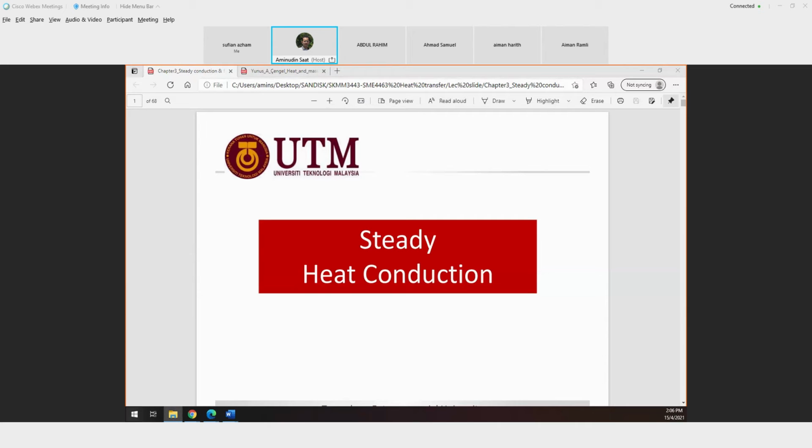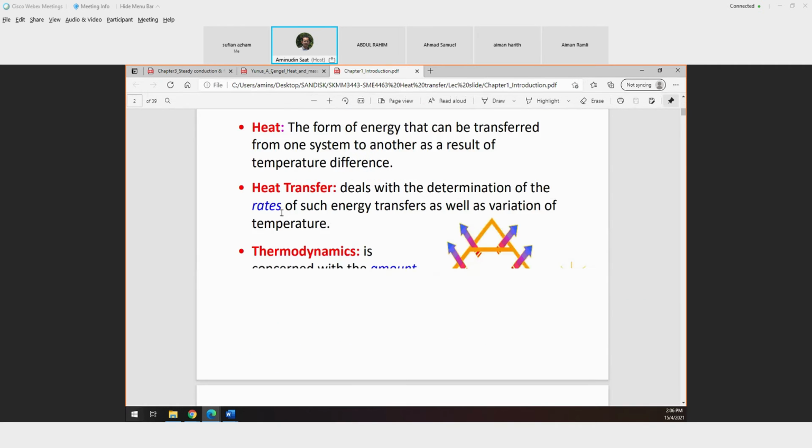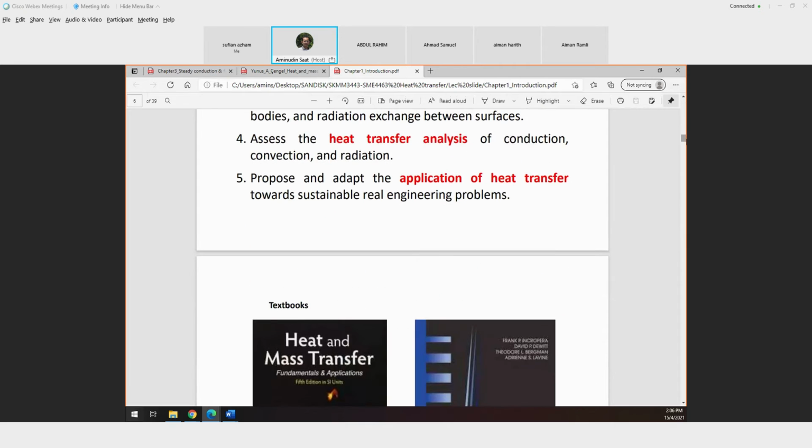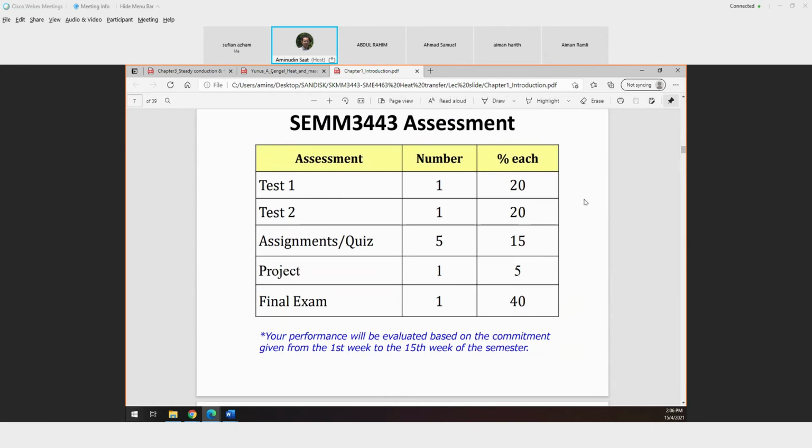Let me check whether I can share the first slide again, the slide of the first day. Yeah, this one. So test one will be 20%, test two 20%.